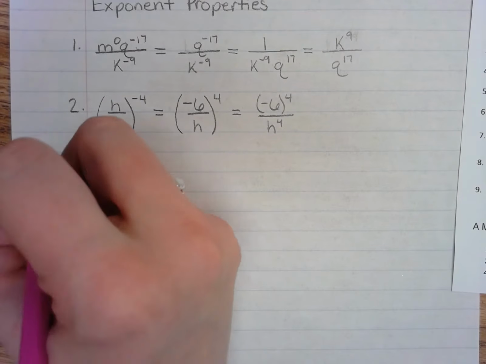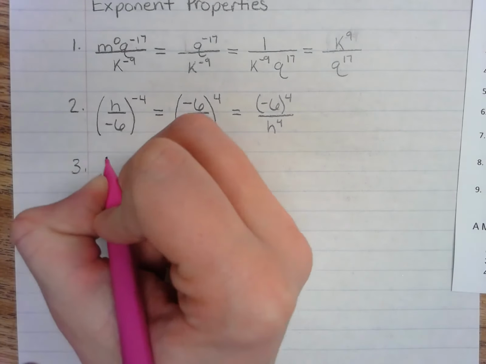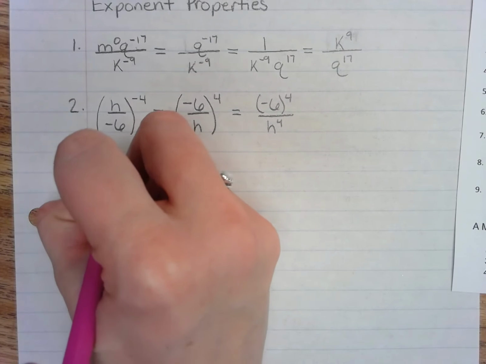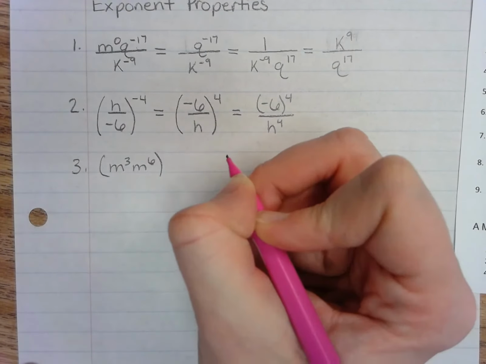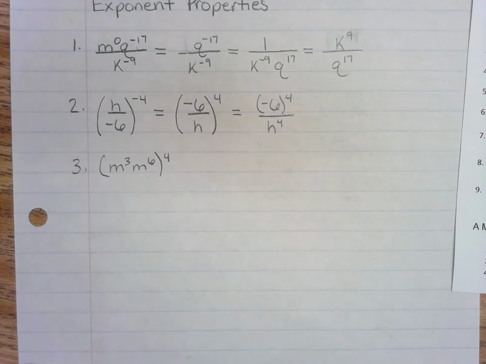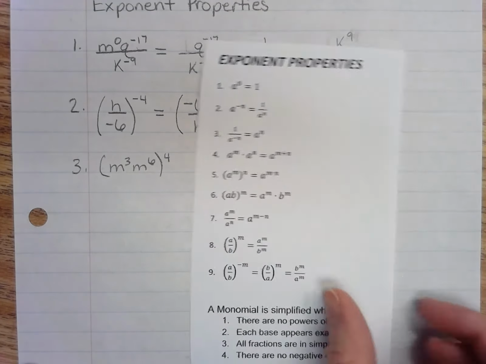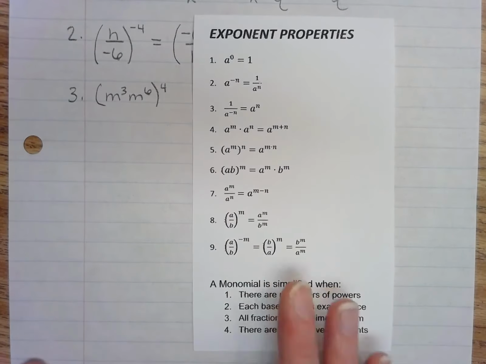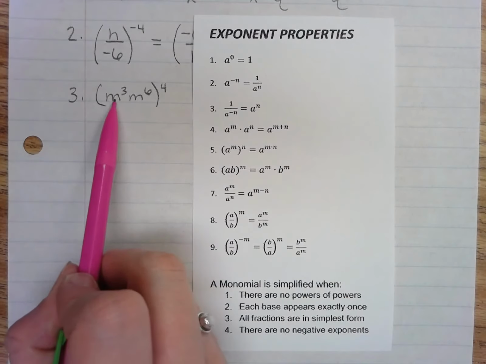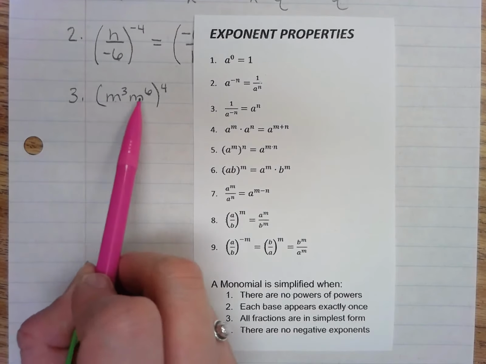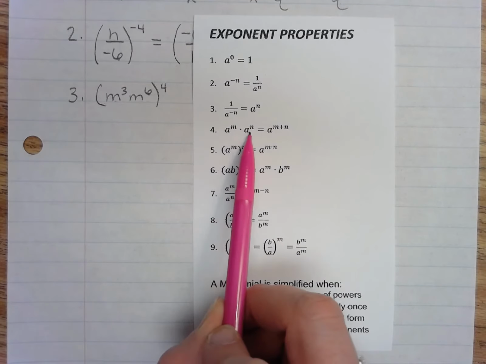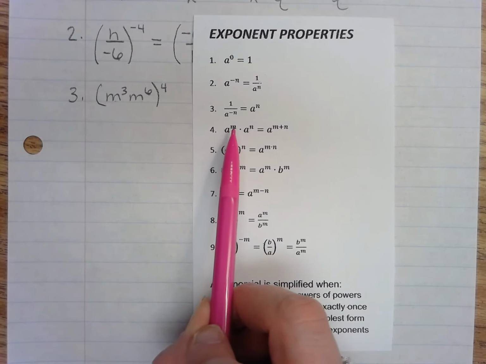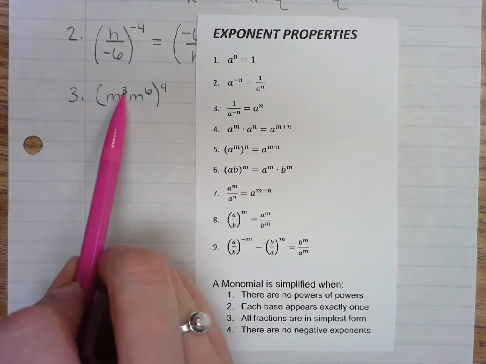Let's look at our next example, number 3. We have m to the 3rd, m to the 6th, and all of that is raised to the 4th power. So let's look at our properties. We noticed here that we've got some variables that are the same. Like in this property number 4, we have the same base, but our exponents are different. We have a 3 and a 6.